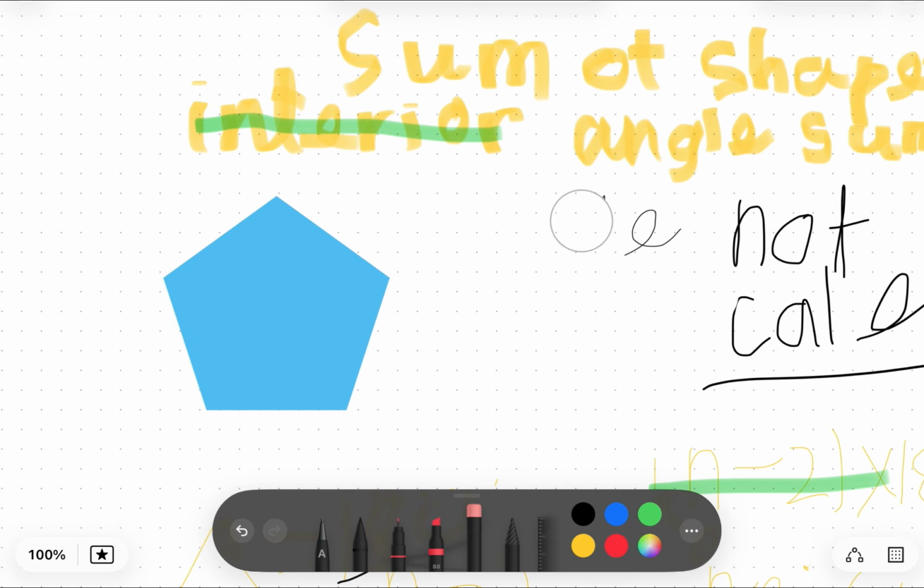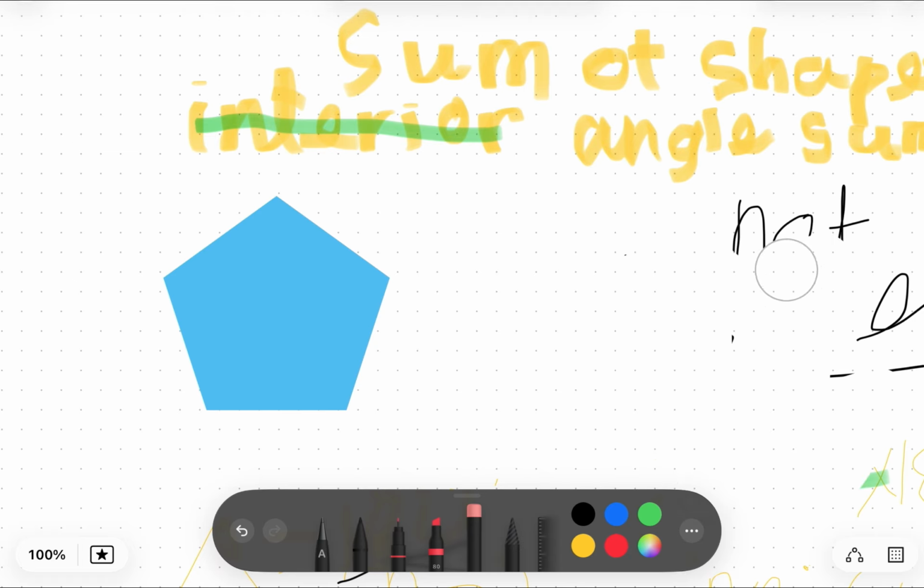But if I were to tell you that this could work for 3D shapes too, that's interesting, right?